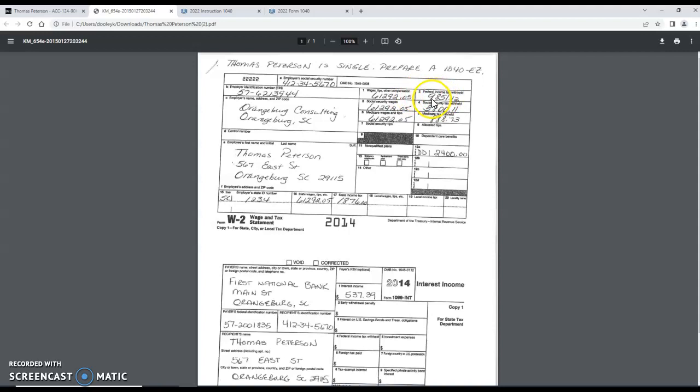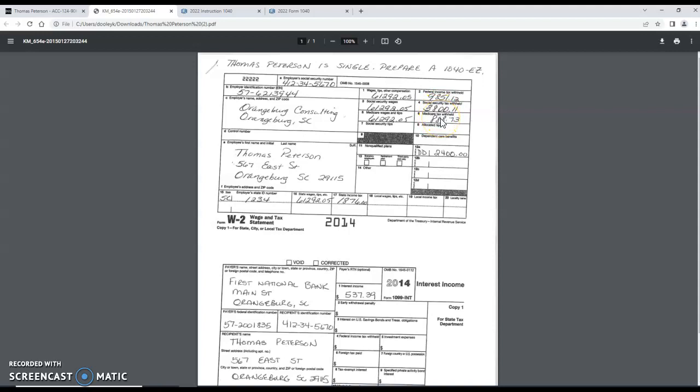Box 2 shows how much income tax was withheld from his paychecks and handed over to the IRS already. Box 3 and 5 show how much of his wages was taxable for Social Security and Medicare, and how much Social Security and Medicare taxes was withheld.